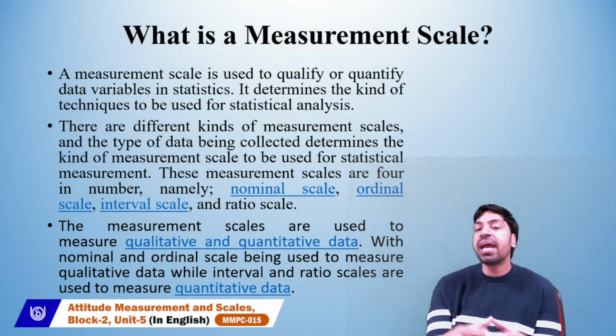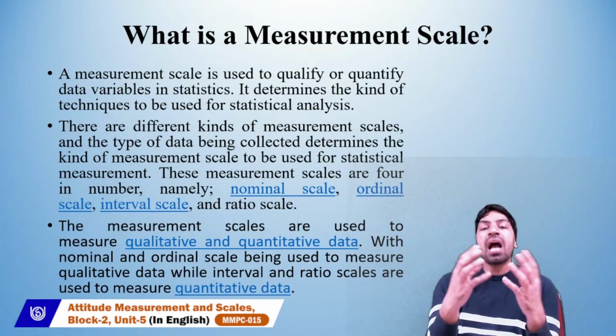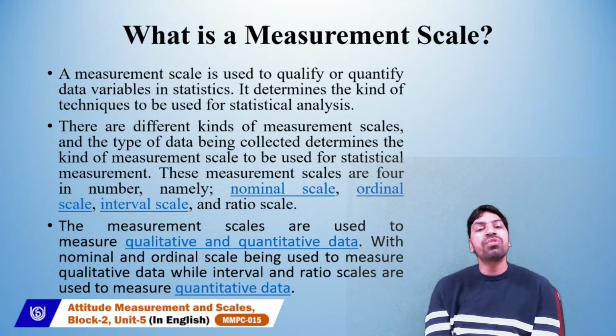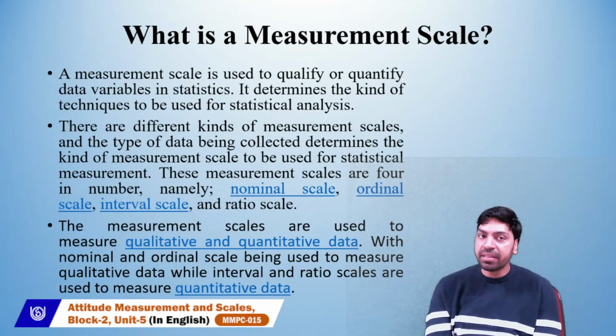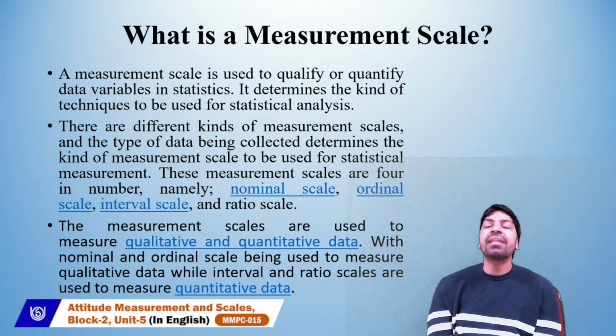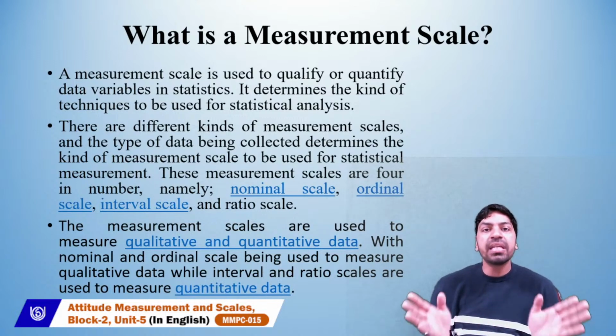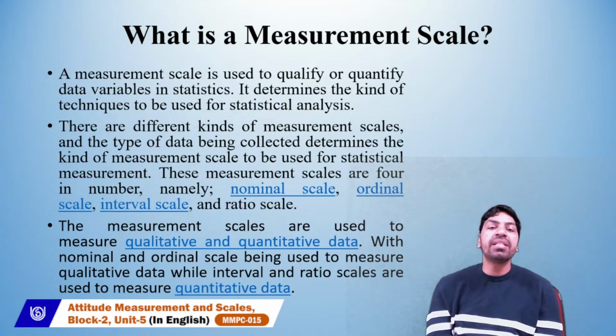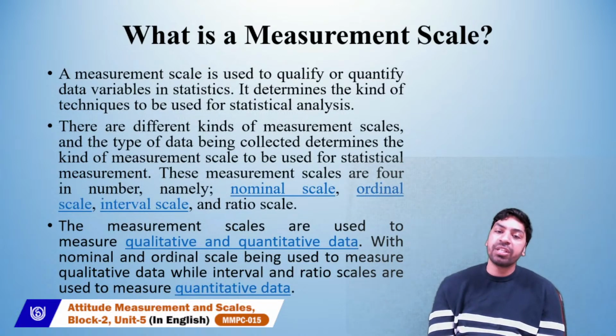This is another kind of technique used for statistical analysis. There are different kinds of measurement scales, and the type of data being collected uses one of these measurement scales for statistical data measurements. These measurement scales are four in number: the nominal scale, ordinal scale, interval scale, and the ratio scale.